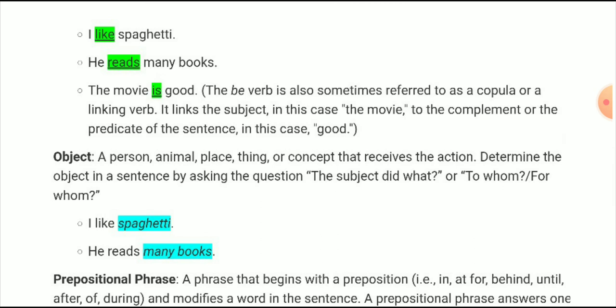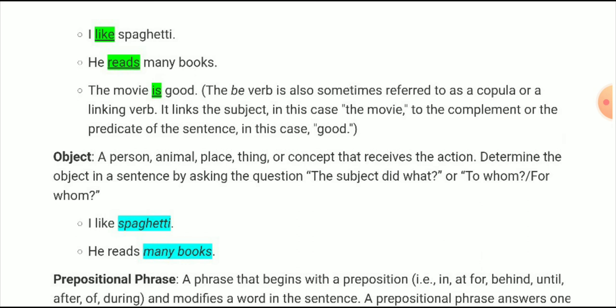Prepositional phrase, a phrase that begins with a preposition. For example, in, at, for, behind, until, after, of, during. And it modifies a word in a sentence. So here the prepositions are in, at, for, on. These all are prepositions.